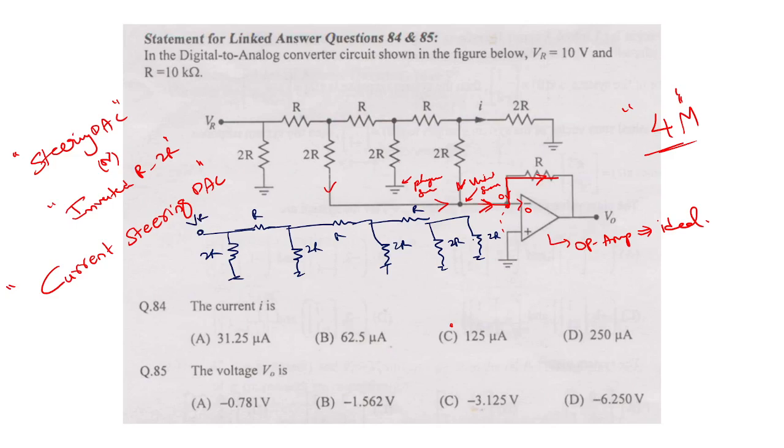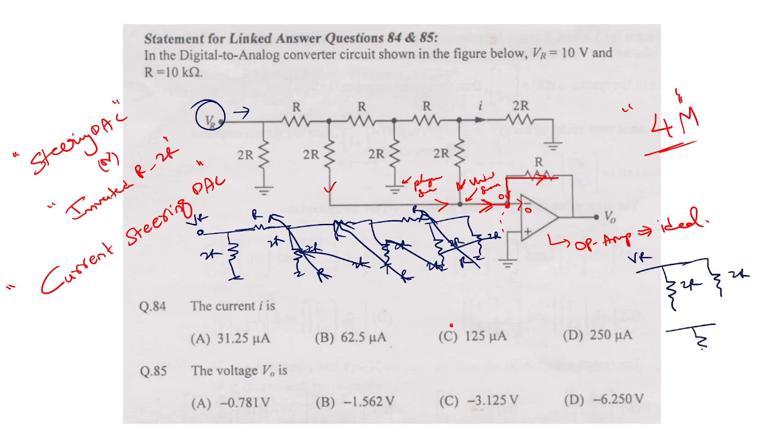What is the effective resistance seen by this VR? 2R parallel 2R gives R, in series with R gives 2R; these two 2R in parallel give R, in series gives 2R. So this is VR, this is 2R, this is also 2R. Effectively, the impedance VR sees is R. So the current drawn is IR equal to VR by R.